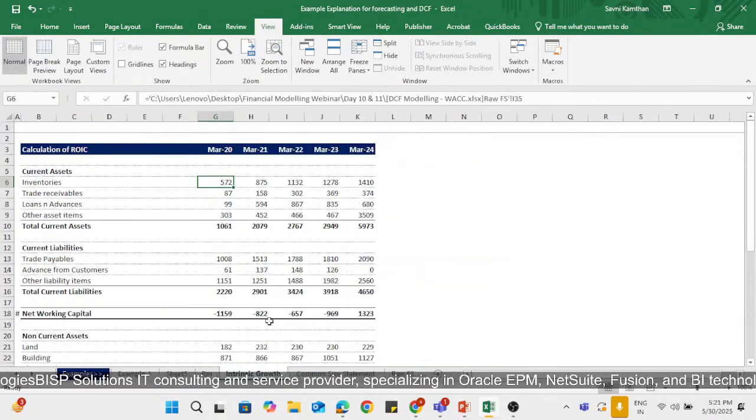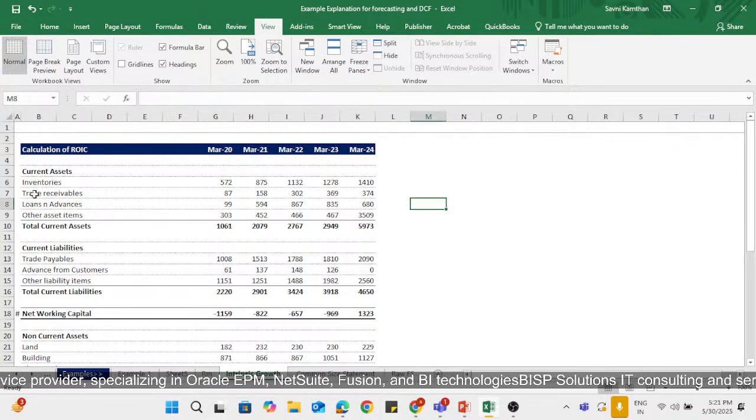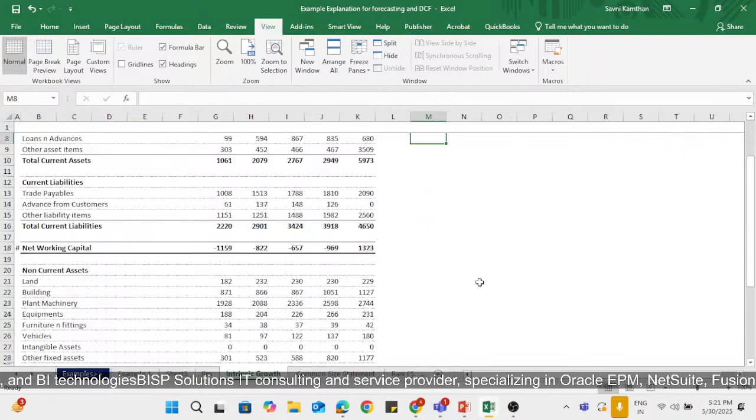Now if I want to calculate my intrinsic growth, I have linked it again with my data sheet, where I have taken different heads so that I can classify them individually. Like current assets: in current assets I have inventory, trade receivables, loans and advances, other asset items, and then I have calculated my total current assets.